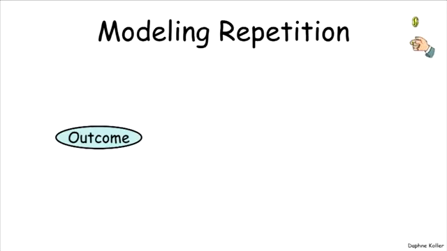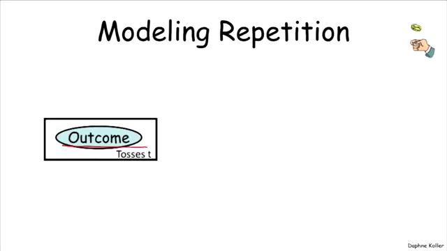So let's start by modeling repetition. Imagine that we're repeatedly tossing the same coin again and again. We have an outcome variable, and what we'd like to model is the repetition of multiple tosses. So we're going to put a little box around that outcome variable.